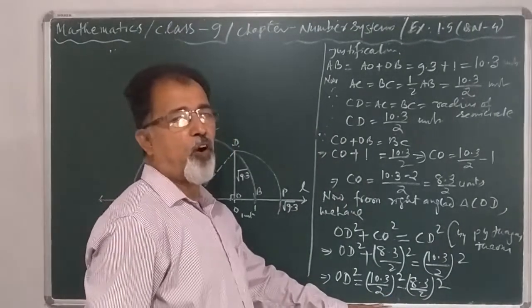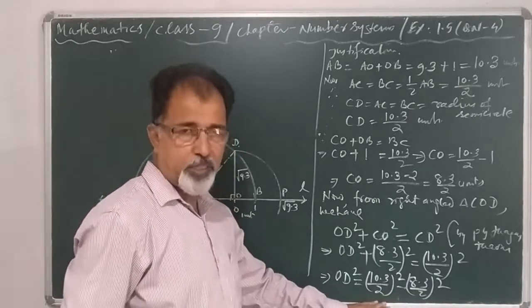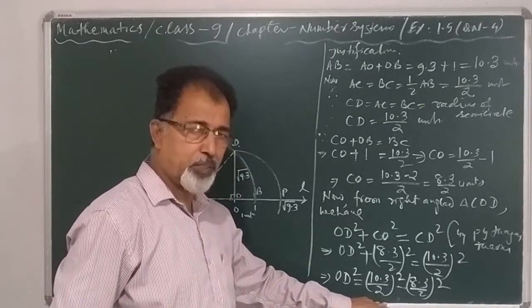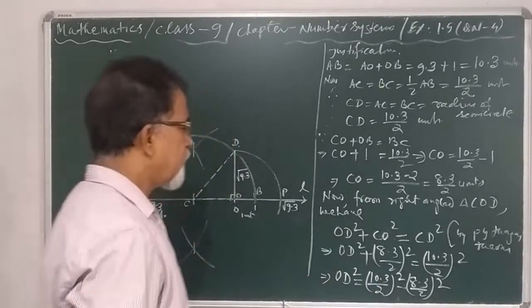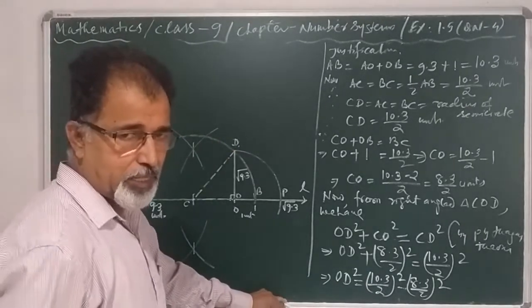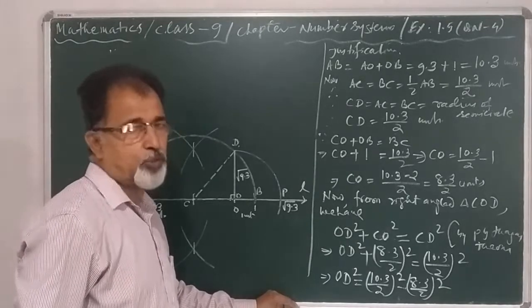This is in the form A square minus B square. And you already know A square minus B square equal to A plus B into A minus B. Now I am going to use this identity.